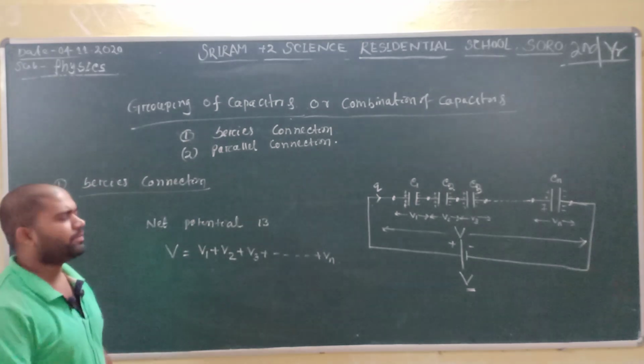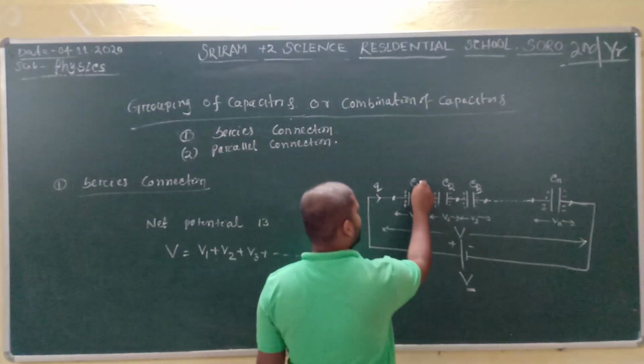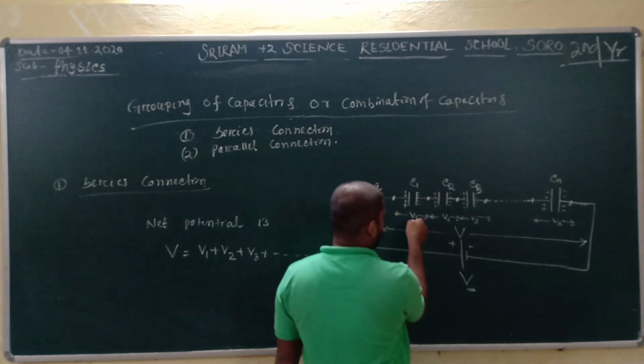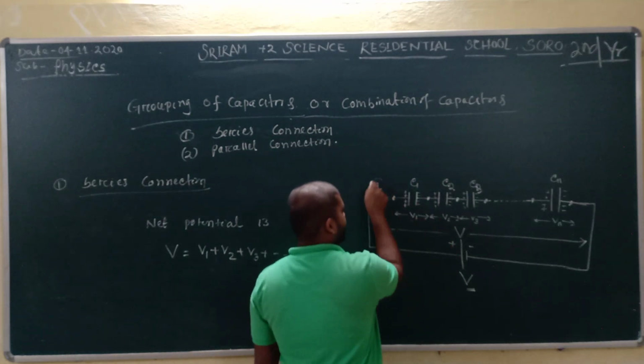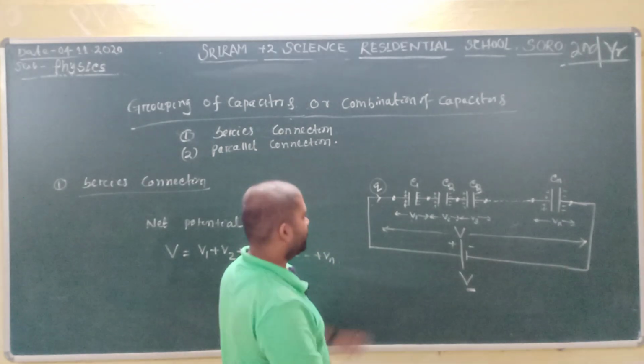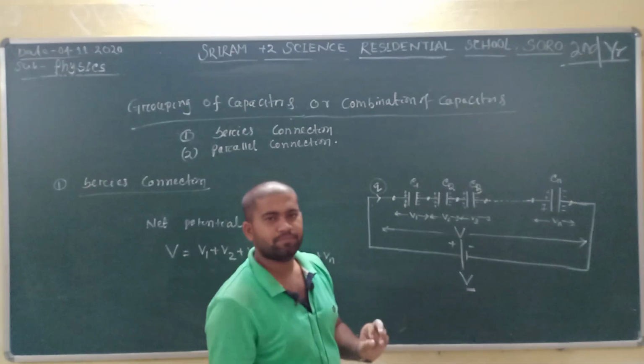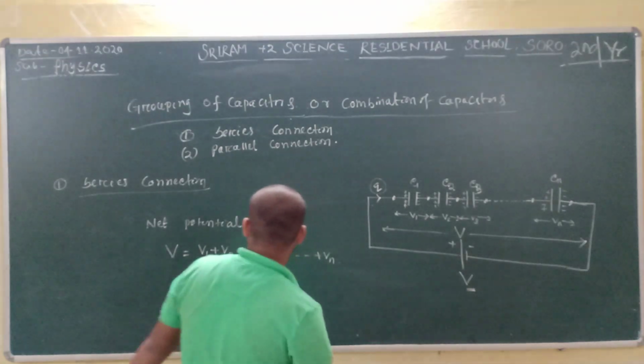That gives the net potential. If C1 is the capacitance with potential difference V1 maintained over a charge Q, what will be the expression? V1 equals Q by C1.